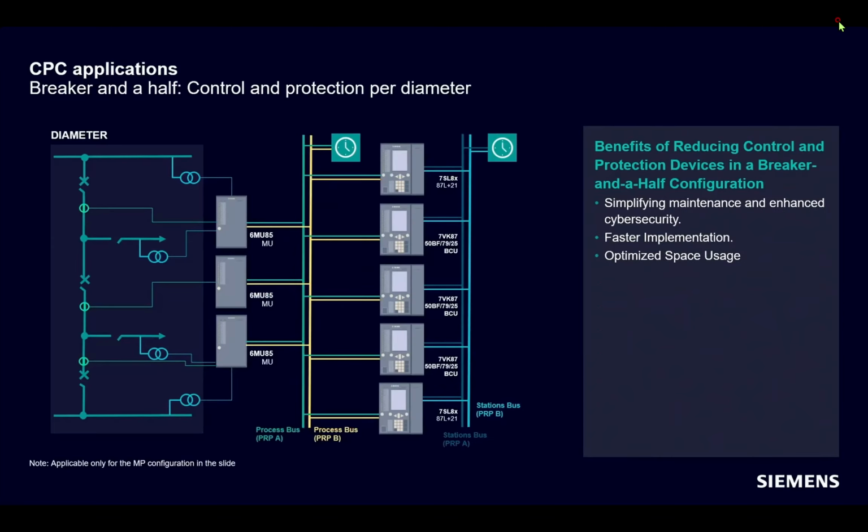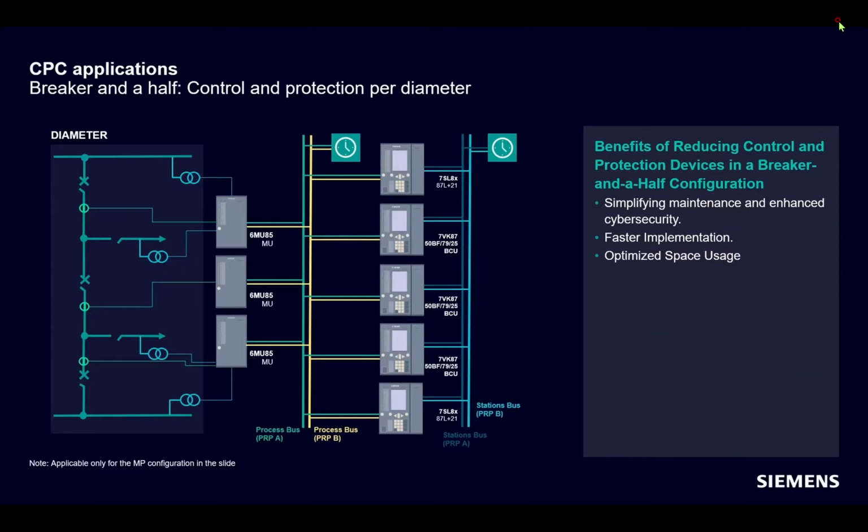Now, let's talk about an application for breaker and a half circuit breaker. To look at the benefits of the centralized control and protection solution for breaker and a half, let's first understand the traditional concept. A typical breaker and a half control and protection system frequently includes one relay per line acting as main 1, handling functions like line differential protection and distance protection.